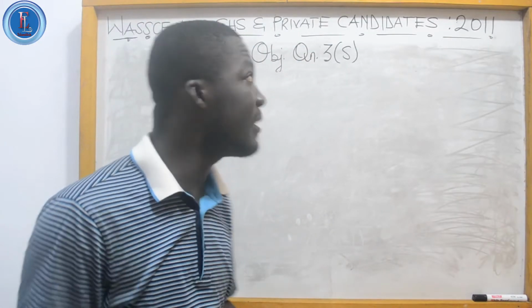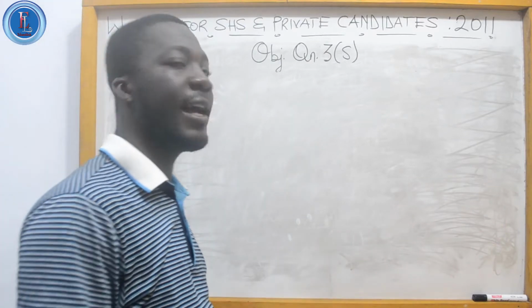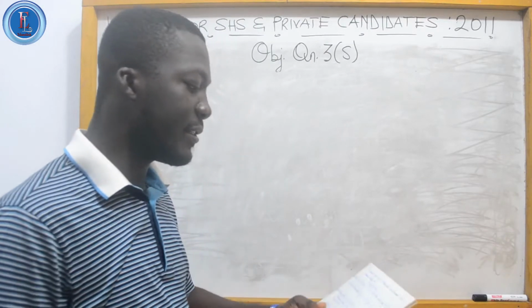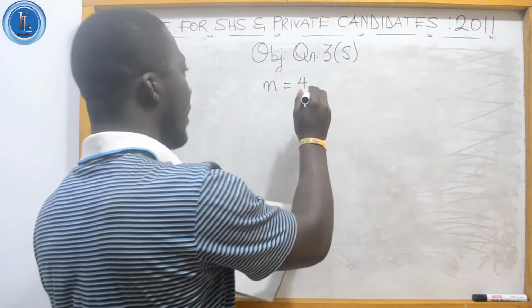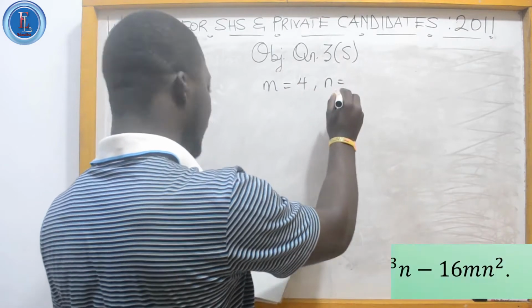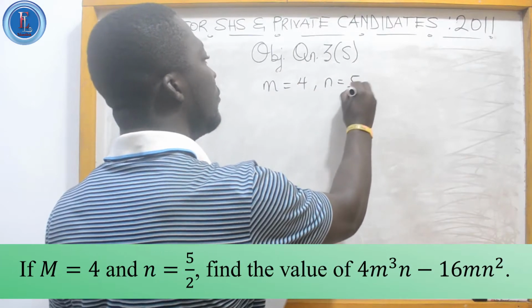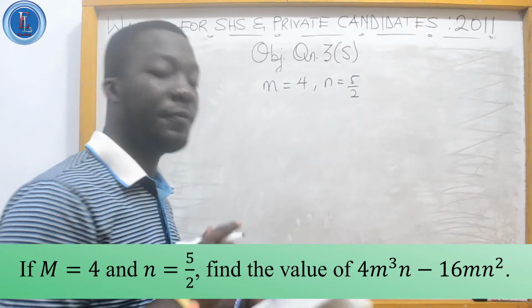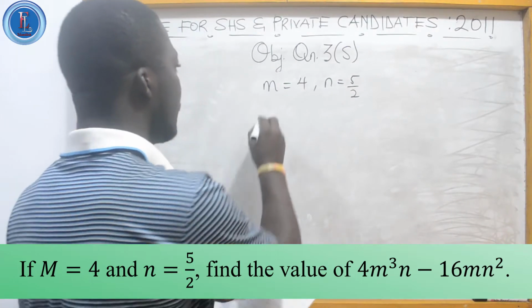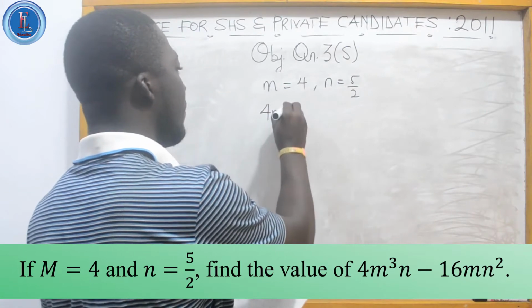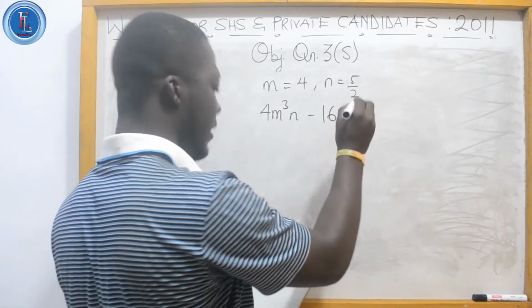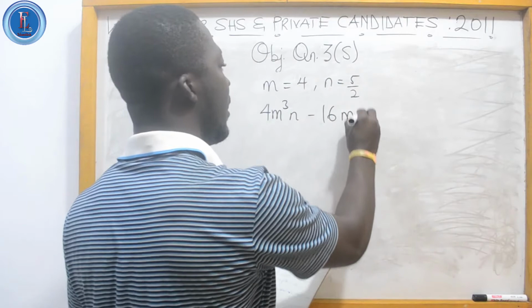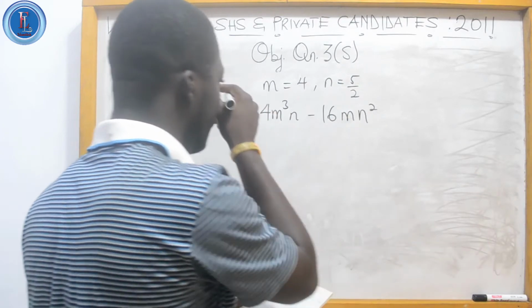Now, in objective question 3 for senior high candidates, the question says if the value of m is 4, so m is equal to 4, and n is equal to 5 out of 2, we should find the value of 4m cubed n minus 16m n squared.